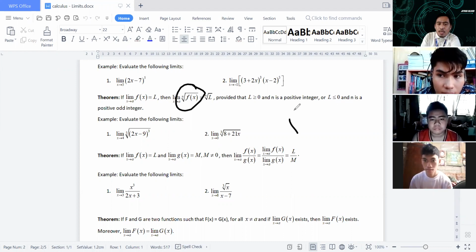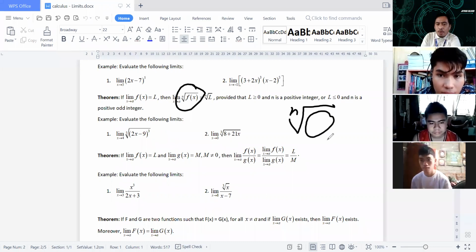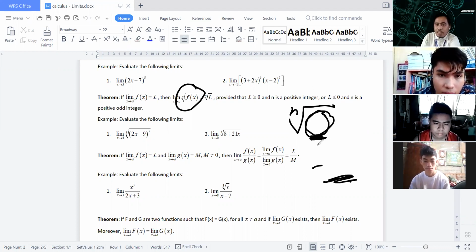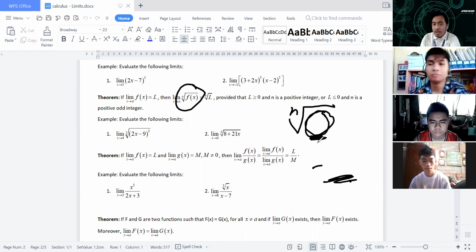If you take the nth root of a certain number under the set of real numbers, it will be undefined if your radicand is a negative number. So it should be positive for us to have a defined value under the set of real numbers. Because if we consider complex numbers, we will be having imaginary numbers.